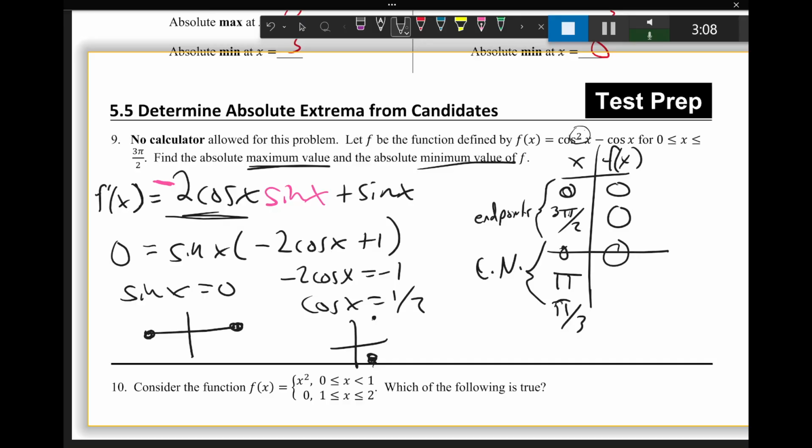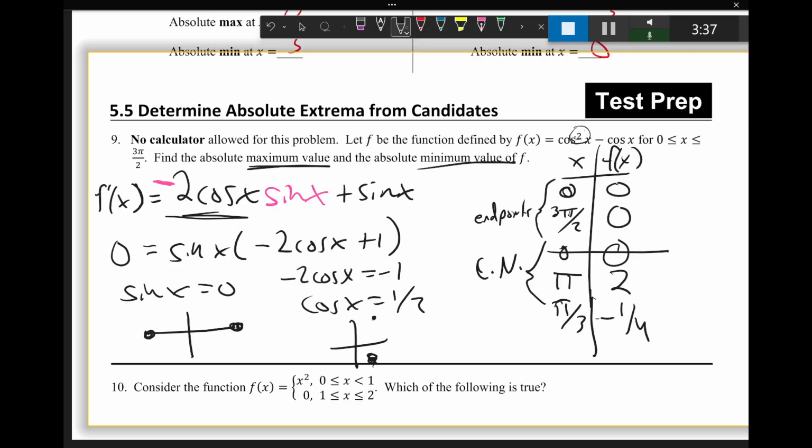And when I plugged in pi over 3, I got a half squared, which is a fourth, minus a half. So a fourth minus a half is negative a fourth. Got to be extra careful with the arithmetic.